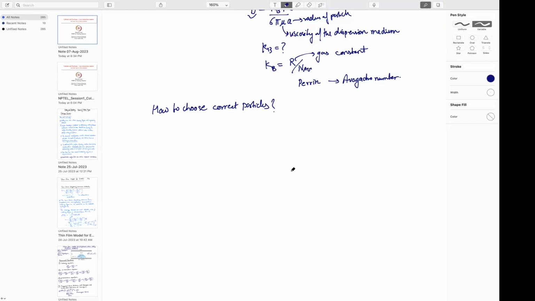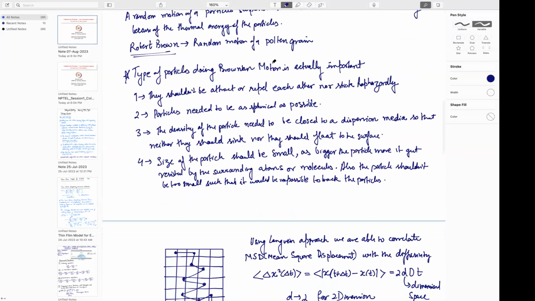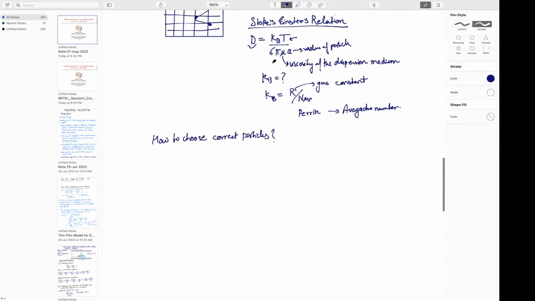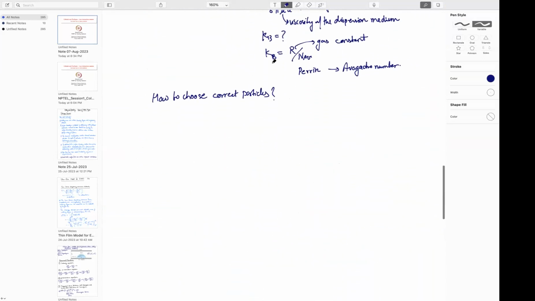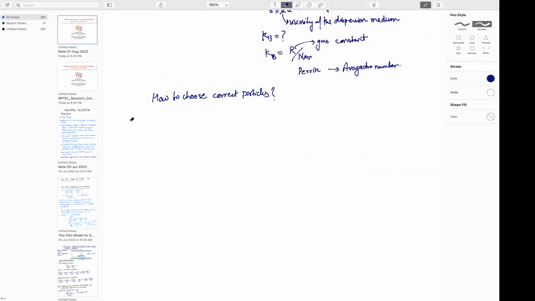Have you heard my point? No, actually, can you repeat? The last page that you wrote. So how to choose the particle? Things like the viscosity of the dispersion medium should be minimum for us to choose the correct particles.